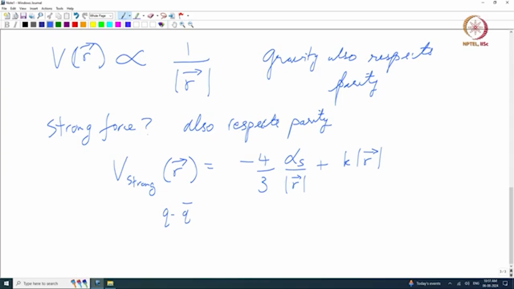Okay, we'll see when we get to Lagrangian formalisms, we'll see the deeper reason why strong interactions respect parity. But at this stage one can look at the potential and see that this is also made up of terms that go as the magnitude of R, and so flipping the coordinates doesn't change the sign of the potential. Okay, good.